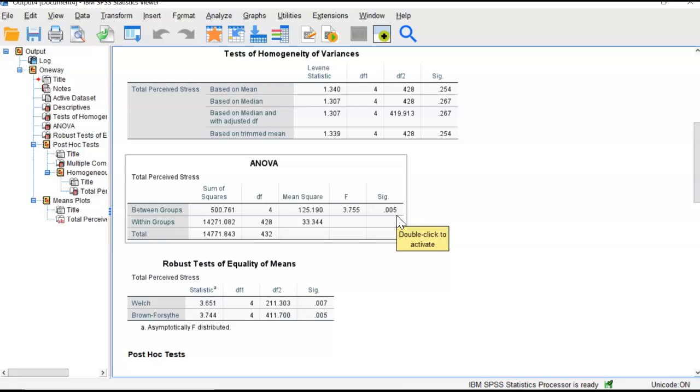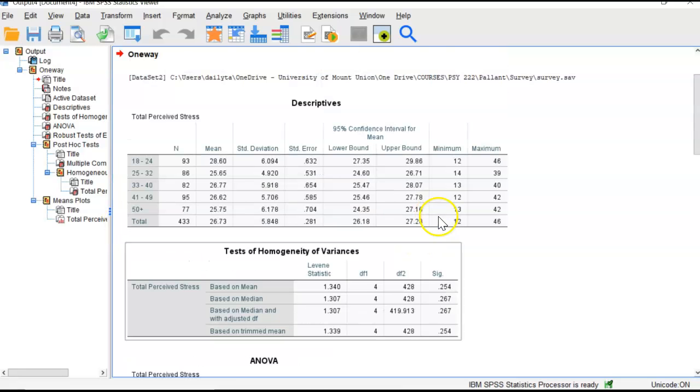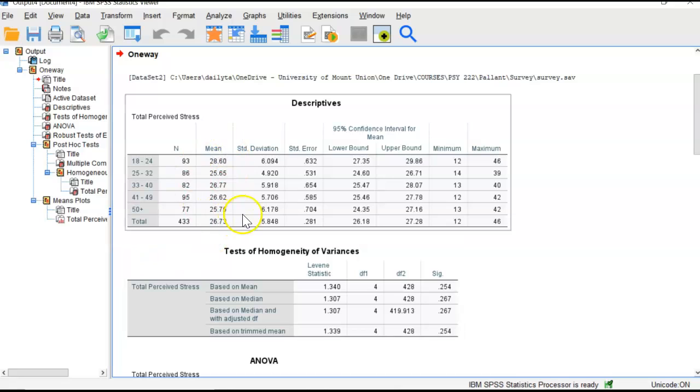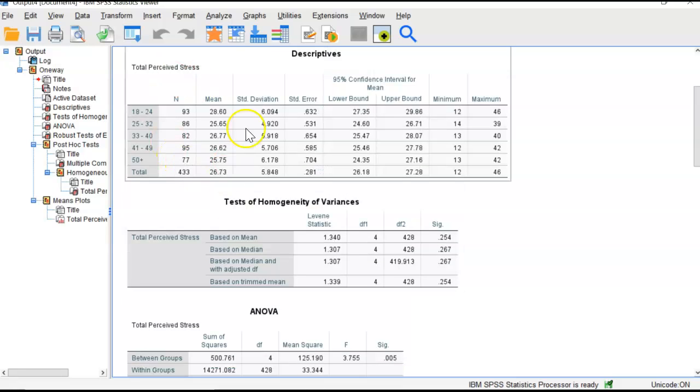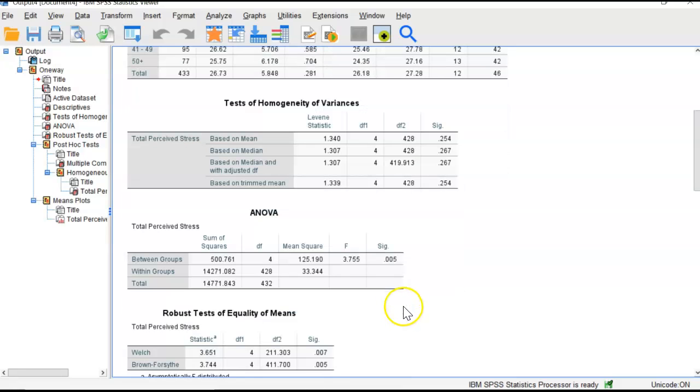So when we look at just the overall test, basically here's what this test does, the overall F test. It says, anywhere in this group of means, is there a difference? It's not asking the question which pairs are different yet. It's just saying anywhere in this pile of means, is there a difference?